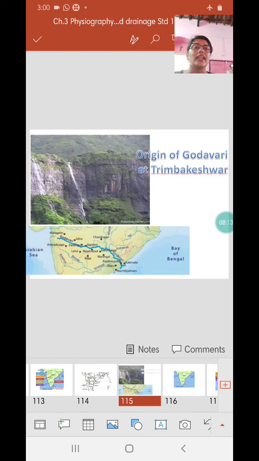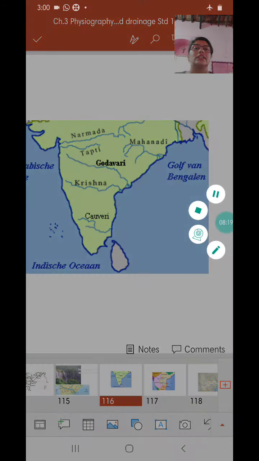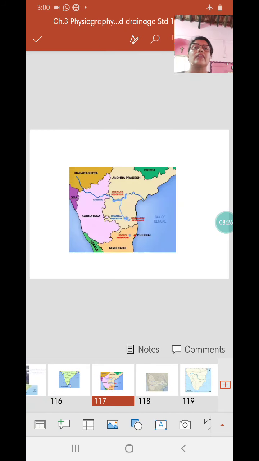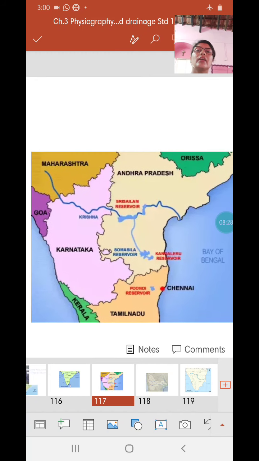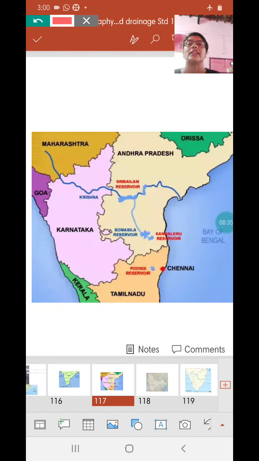Then we take the next one, the second east flowing river, and that is river Krishna. You can see river Krishna here. Now this is also an east flowing river. River Krishna also originates in the Western Ghats near Mahabaleshwar in Maharashtra, and then it flows eastwards, southwards and then eastwards.